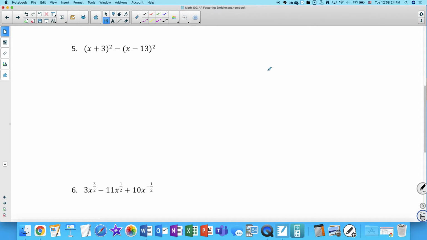But if you look at the overall structure, if a equals x plus 3 and b equals x minus 13, what you actually have here is a squared minus b squared, because you have the first binomial squared minus the second binomial squared. And this can be factored quite quickly using difference of squares, right?